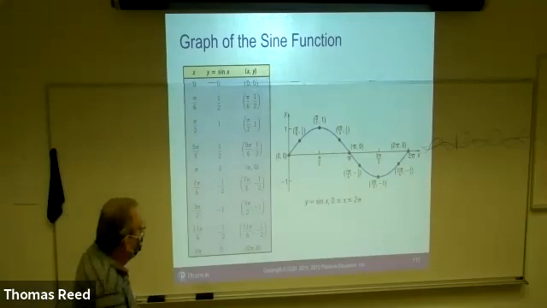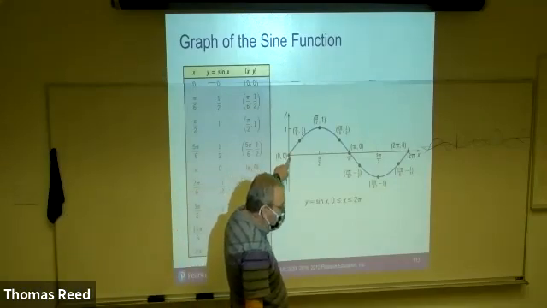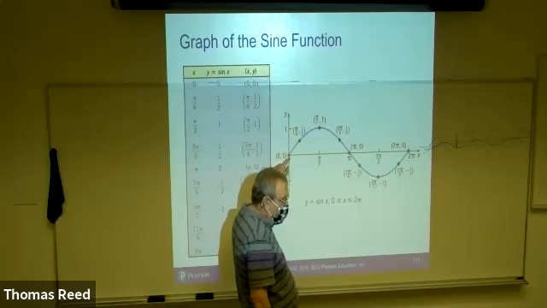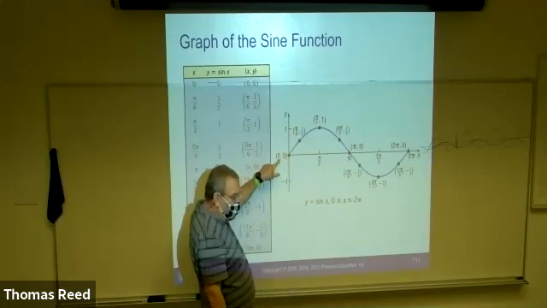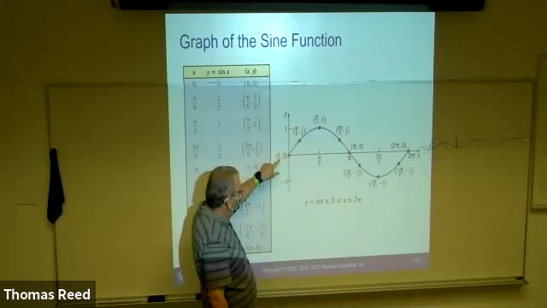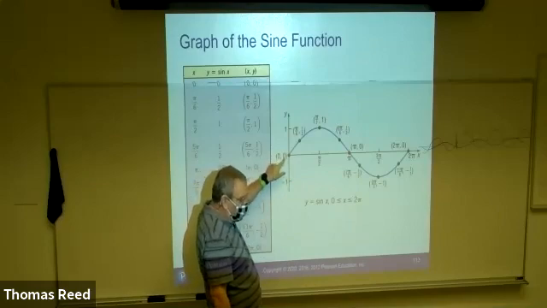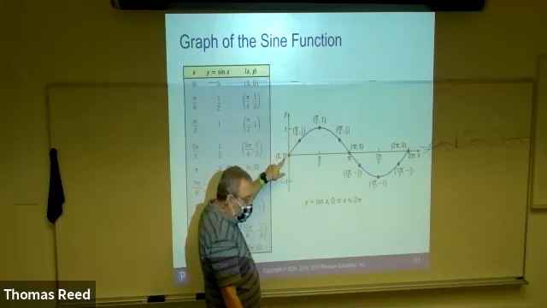At 0, y is 0. So x is the degree or the radian, and 0 is the sine of that angle.